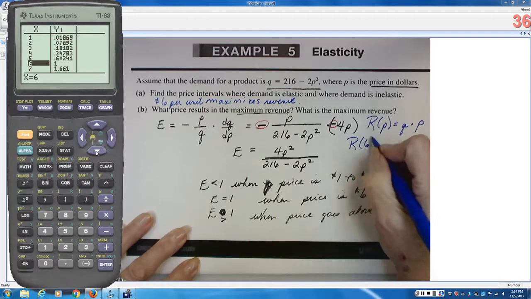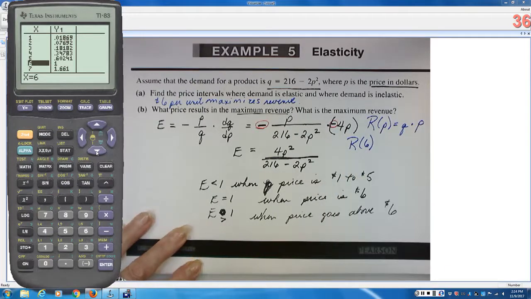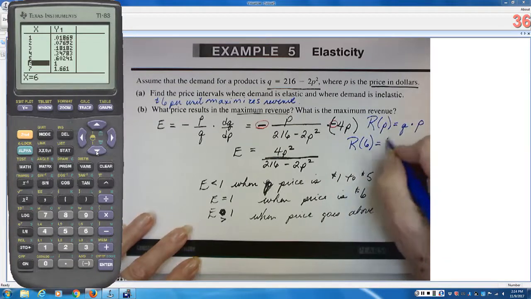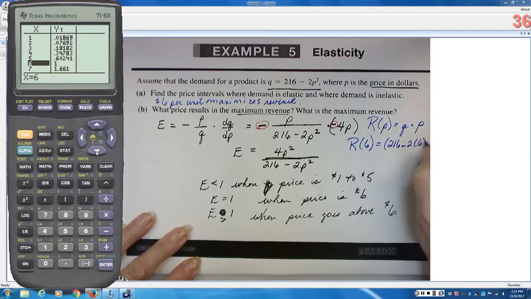So the revenue for 6 is going to be 216 minus 2 times 6 squared, times 6.